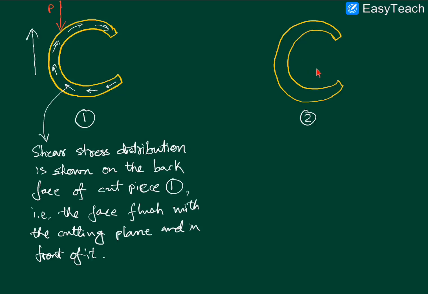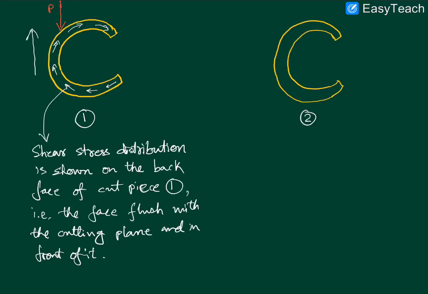You see, this face here is touching the back face of this cut piece 1. I repeat, the front face of this cut piece 2 is touching the back face of this cut piece 1.